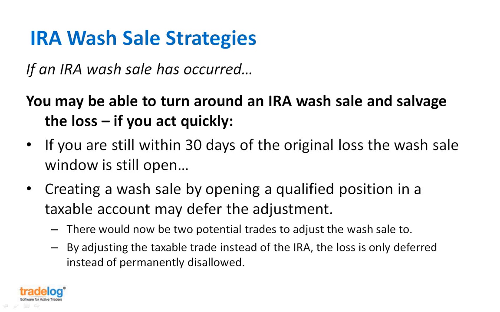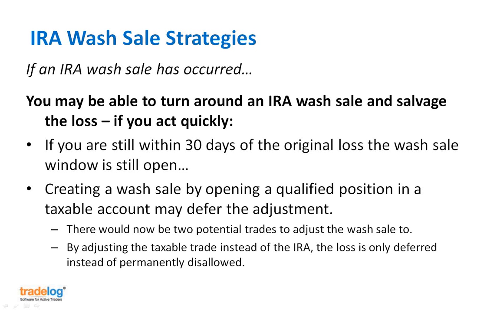And you can. First of all, I have to be within 30 days of the loss. So if the loss occurs in my taxable account today, the wash sale window is still open for 30 more days. So within that 30 days, if I create another wash sale position by opening a qualified position but in my taxable account, then I can defer that wash sale adjustment.